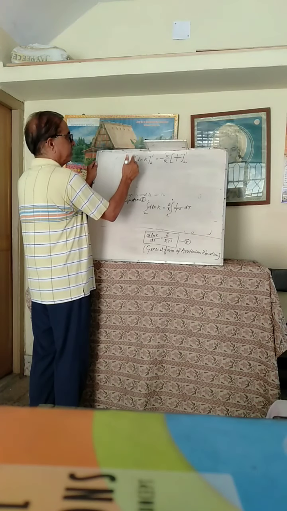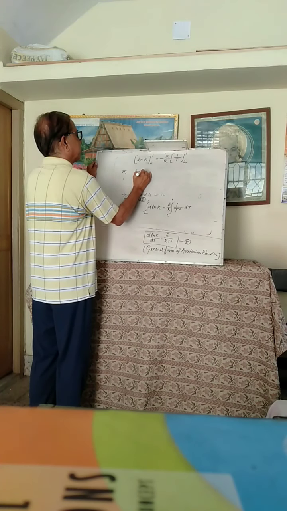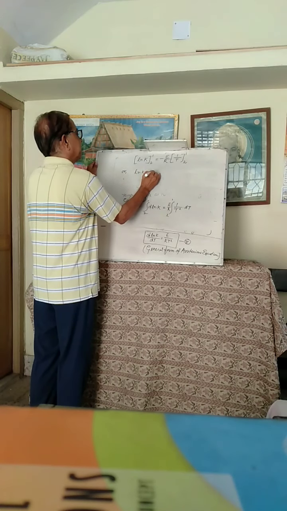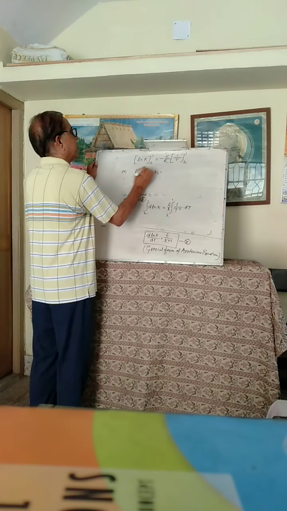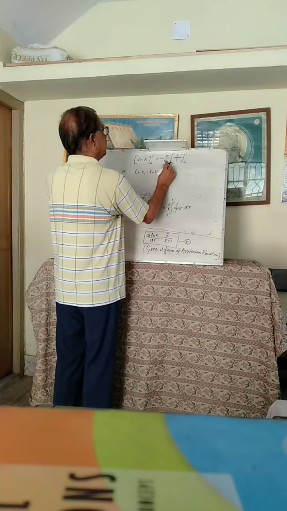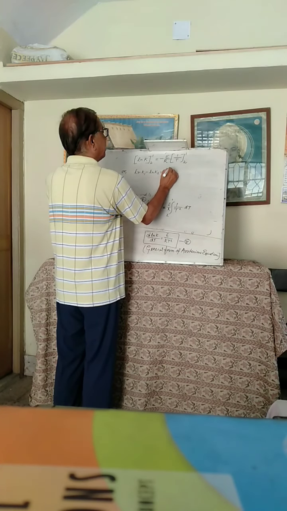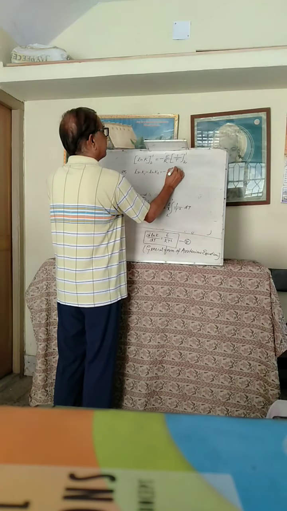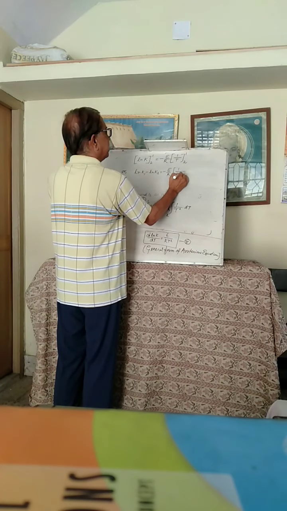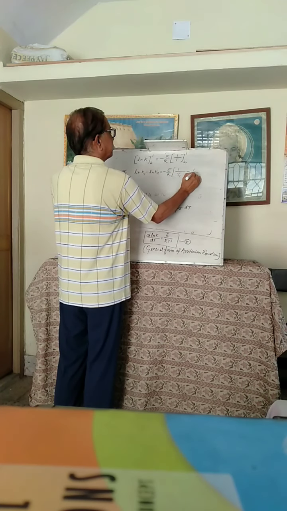Or ln k1 minus ln k2 is equal to minus E upon R, 1 by T1 minus 1 upon T2.